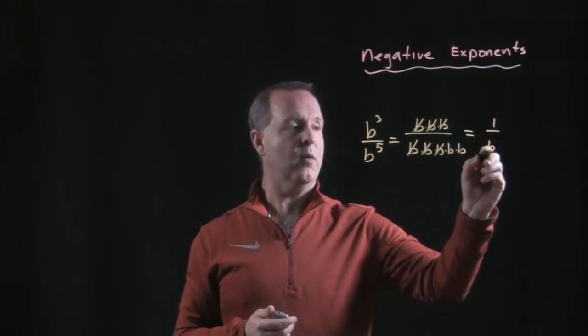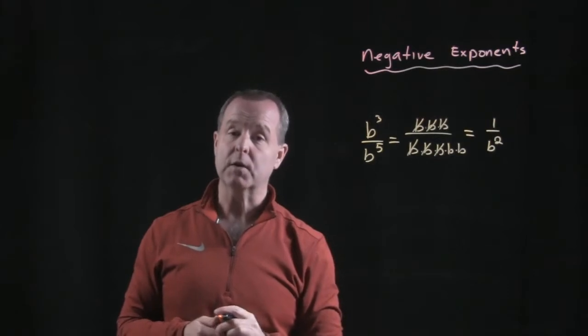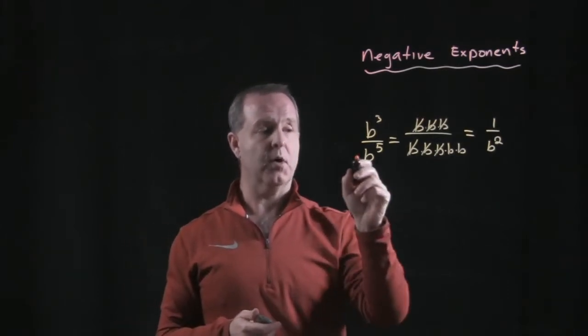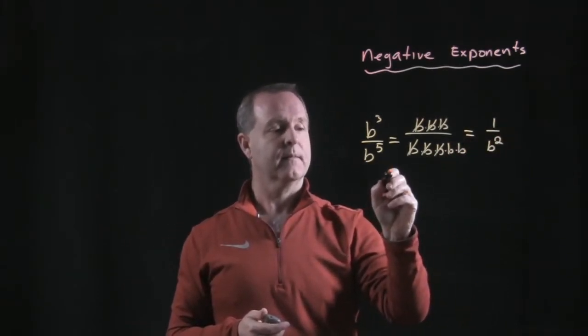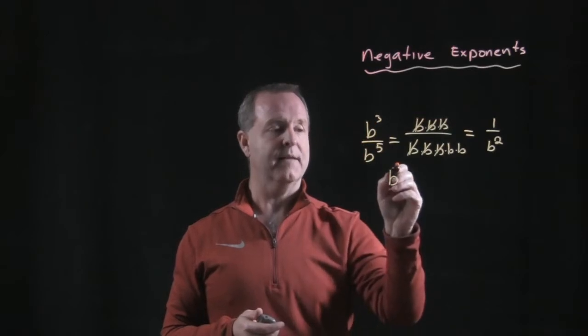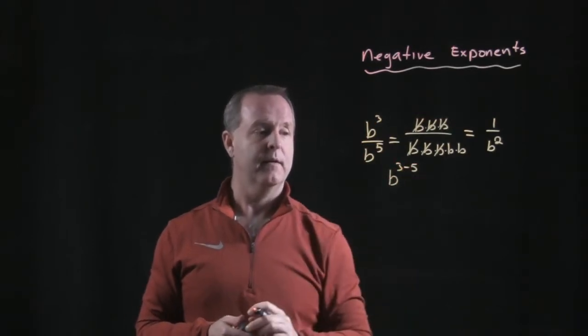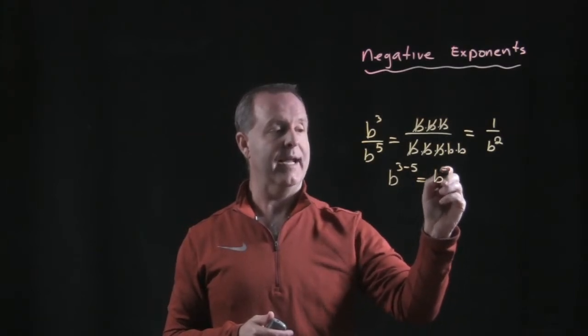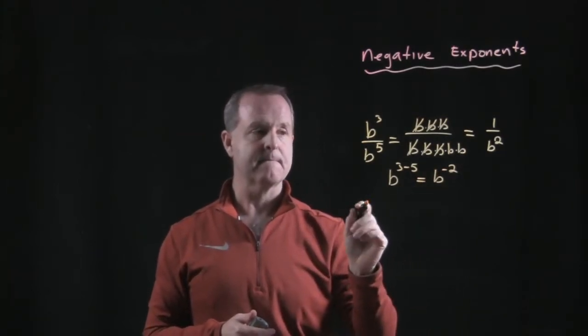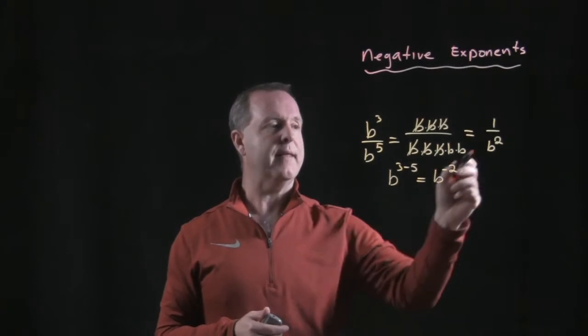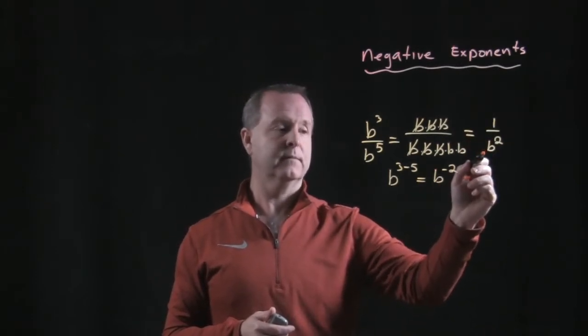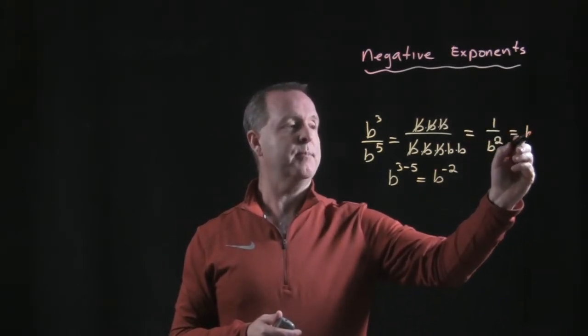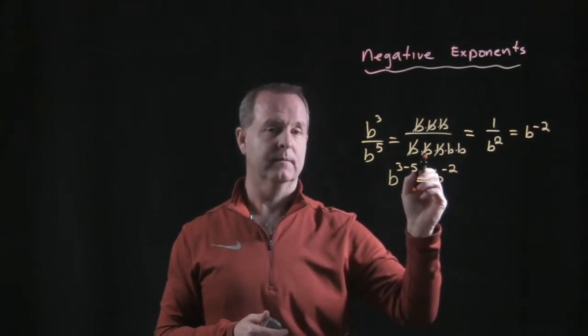1 over b squared. Now we used our exponent rule that also told us that we subtract the exponent. So it's b to the 3 minus 5, and that equals b to the negative 2. So these two situations show me that 1 over b squared is the same thing as b to the negative 2.